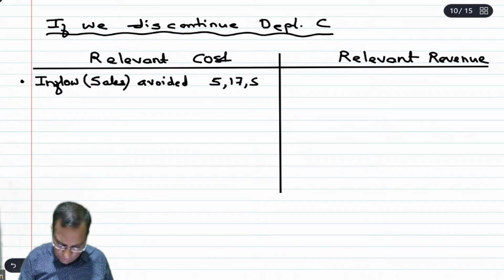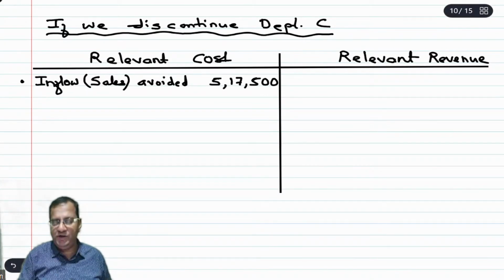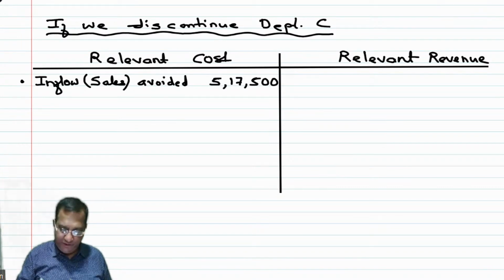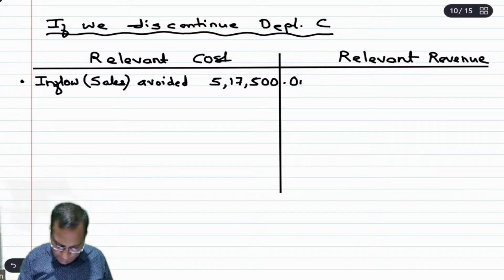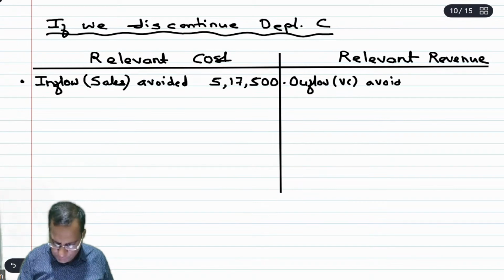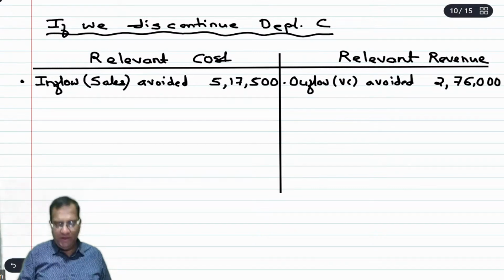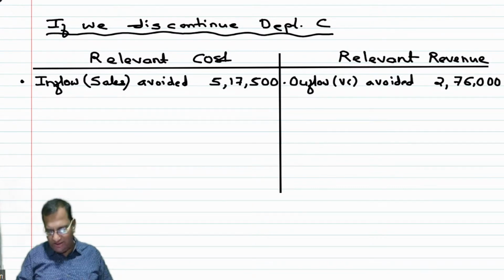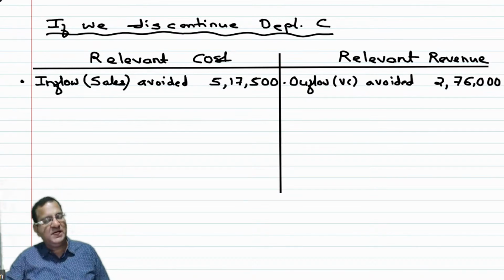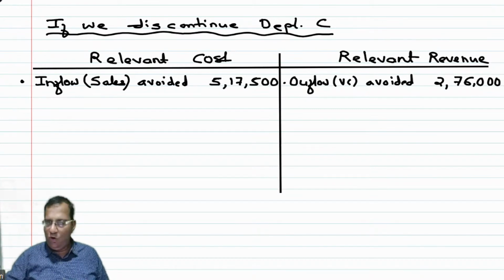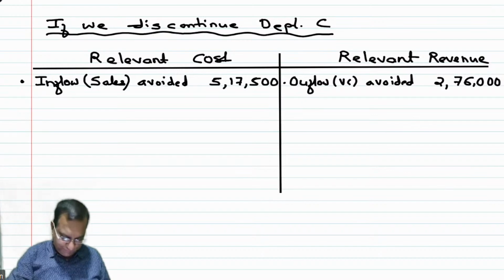What is the variable cost? 2,76,000. It's an outflow, but if we discontinue department C, then the outflow will be avoided. Outflow, variable cost avoided, 2,76,000. Alternatively, if you do not want to consider sales and variable cost, you can simply consider the contribution. That will also be the correct approach.